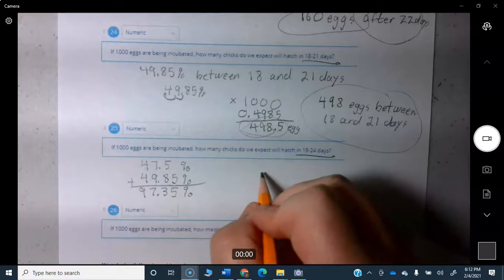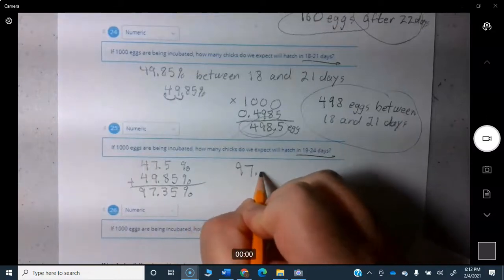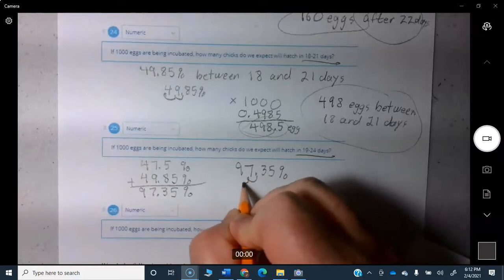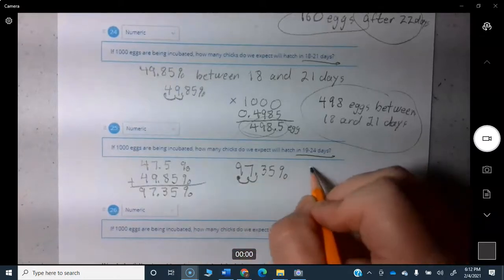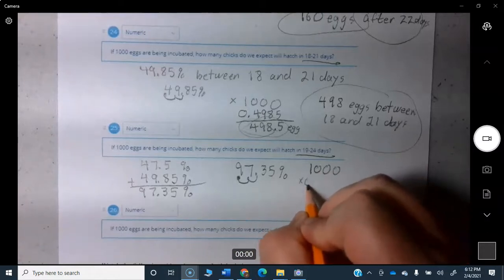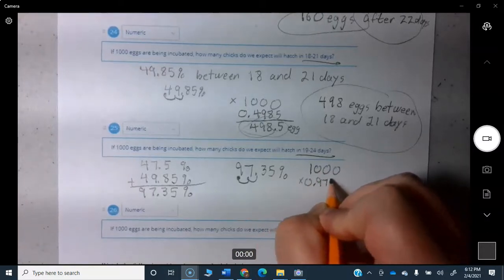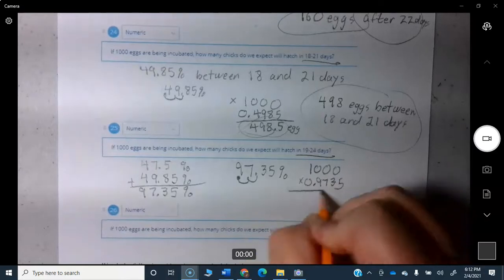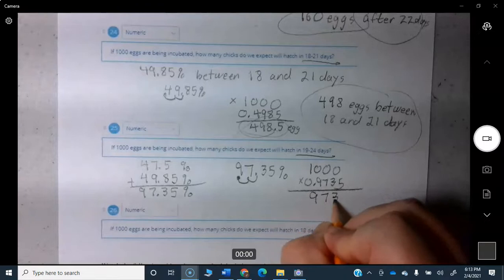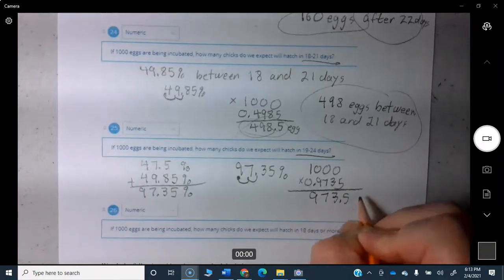So now we can write that number down. Move the decimal over 2 places to there in front of the 9. So it's going to be 1,000 times 0.9735. And you multiply that, you get 973.5 eggs.